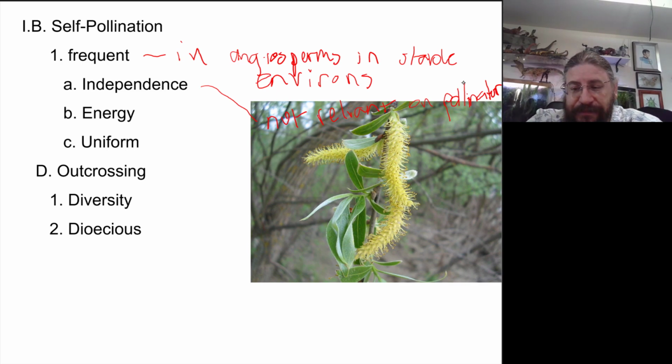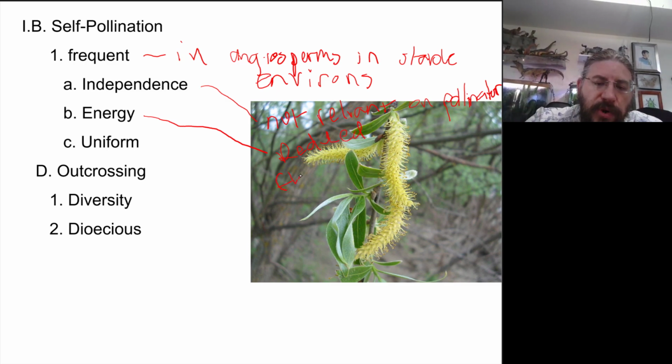And then related to independence from insect pollinators, you have reduced energy associated with that. You can produce a crappy little flower. So you have a reduced flower. You also produce little to no nectar.